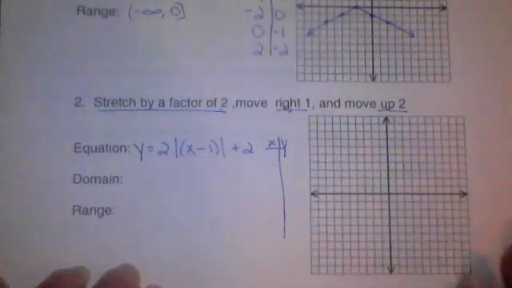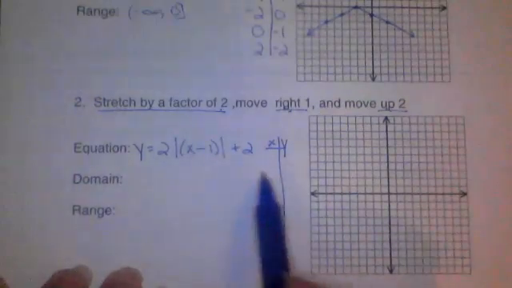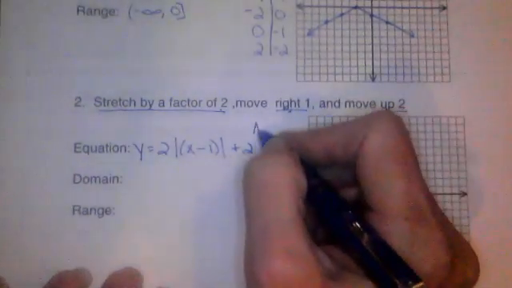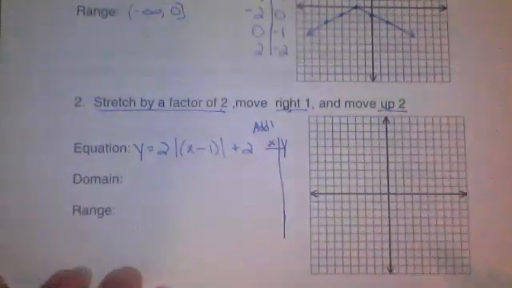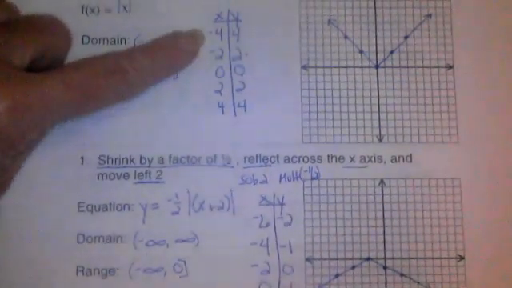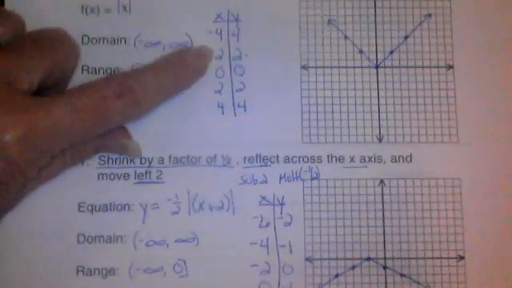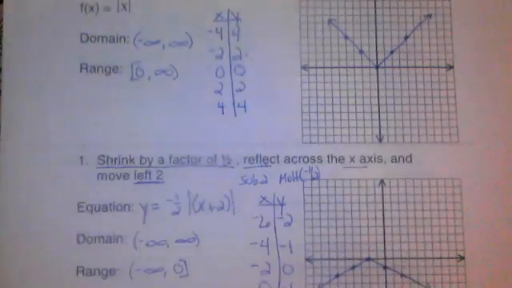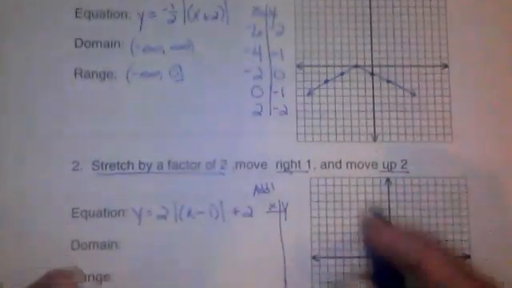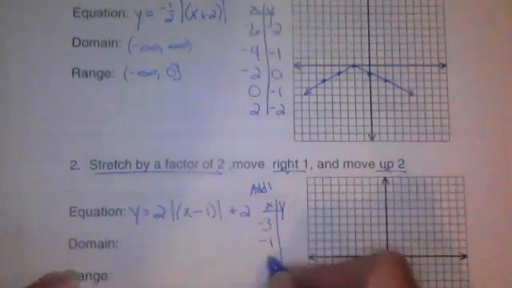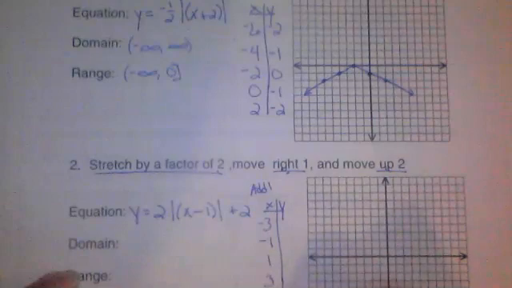All right. So for our x's right here, the things inside are what we're doing to x. So we're adding 1 to our x's. So if I add 1, this would be -3, -1, 1, 3, and 5.